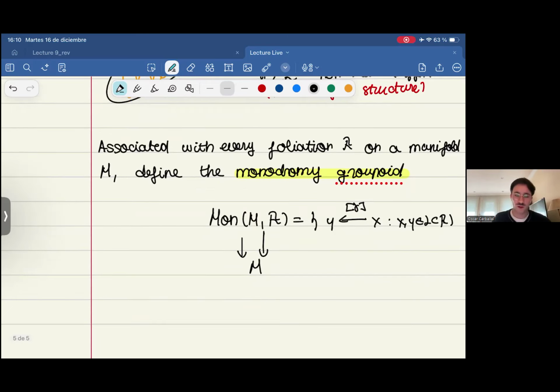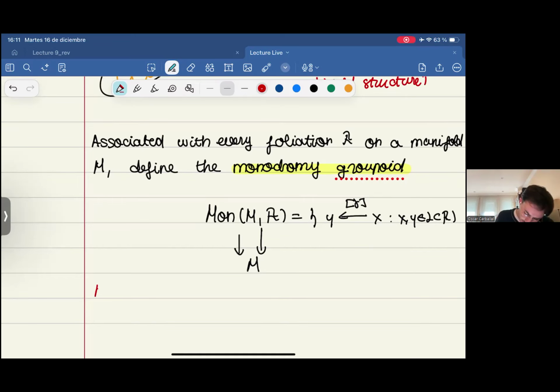And one can prove, it's not easy for sure, that this thing here has a smooth manifold structure. And very interesting, if you consider the isotropy group of this monodromy groupoid at a point X, this consists precisely of paths which start on X and end on X, and they are homotopy classes, right?